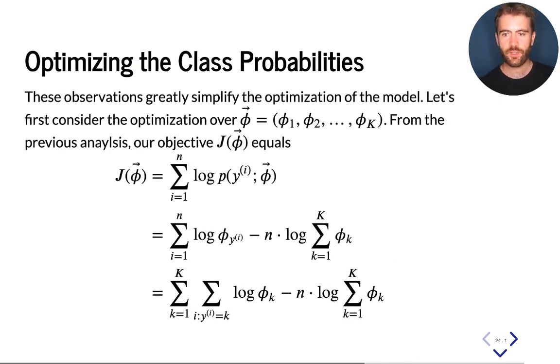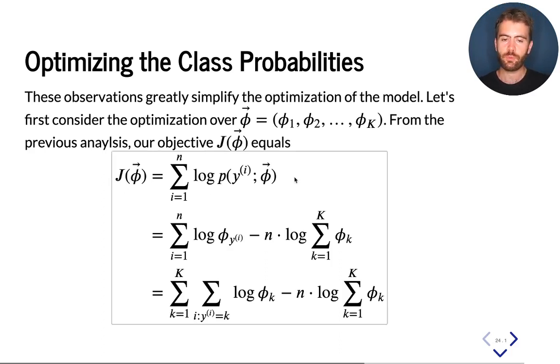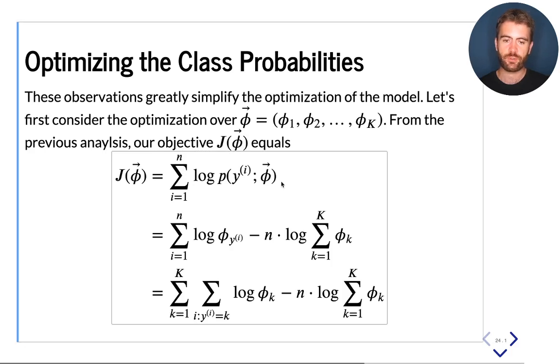This is now very useful because the optimization problem becomes parallelizable, but also much simpler. For example, let's now try to find the optimal set of phis under this new objective. As I showed you earlier, in order to find the best phi, we only need to optimize this expression.